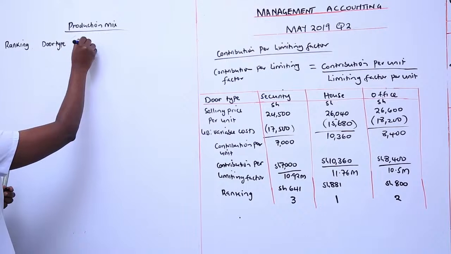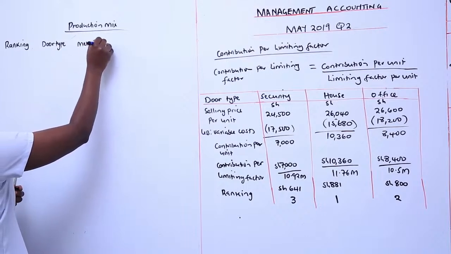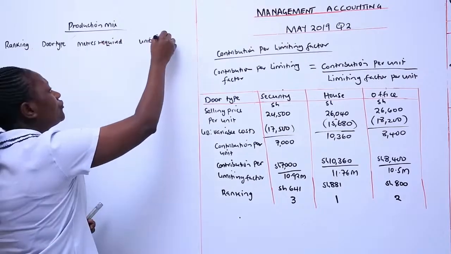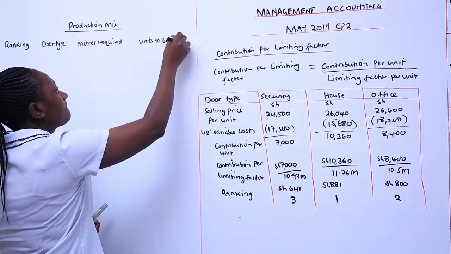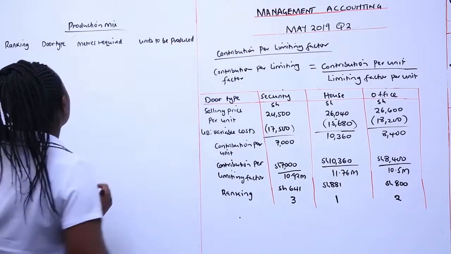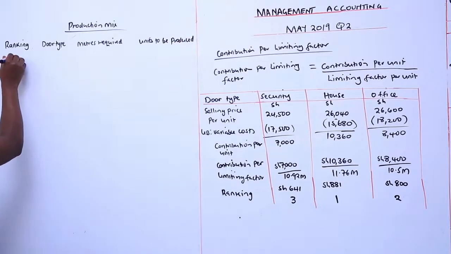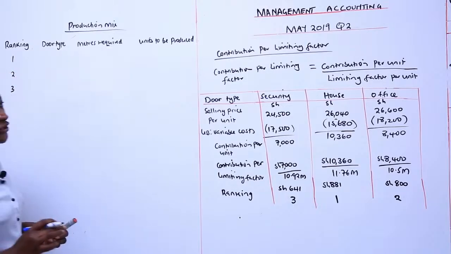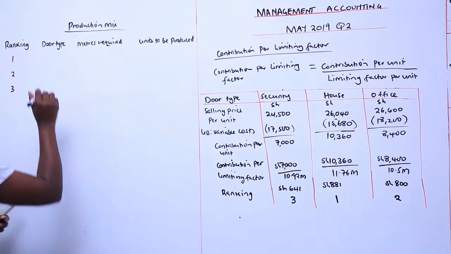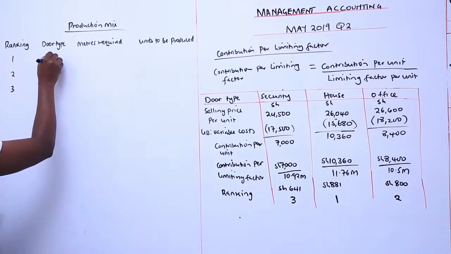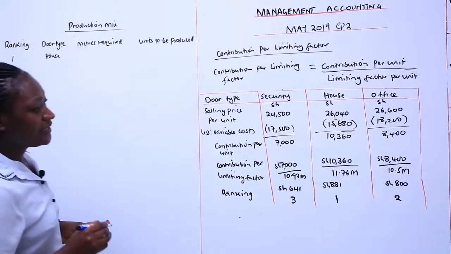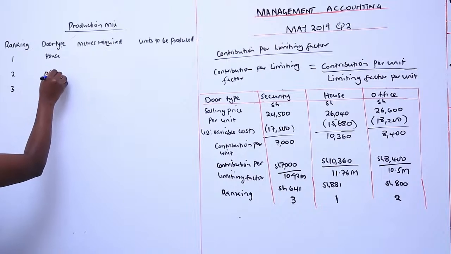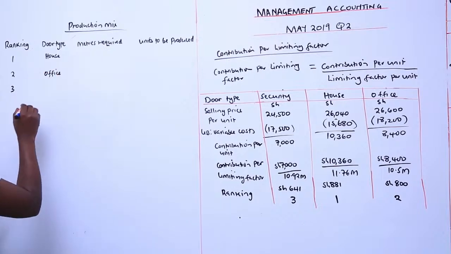We'll show the meters required. And then units to be produced. So the ranking is 1, 2, and 3. So the first door type is house. According to the ranking, then number 2 is office. And number 3 is security.